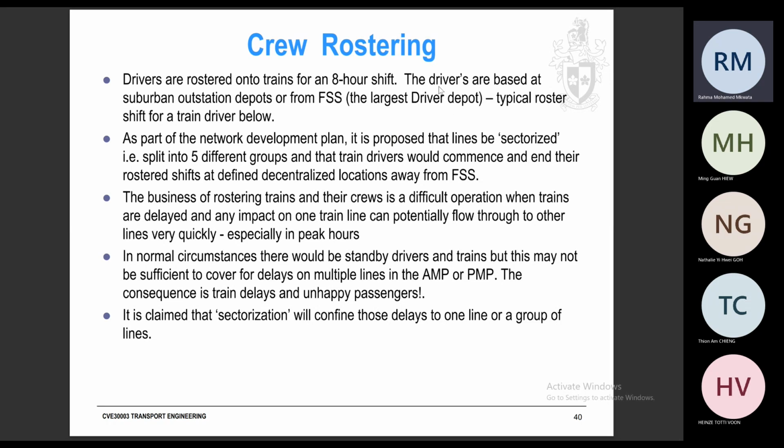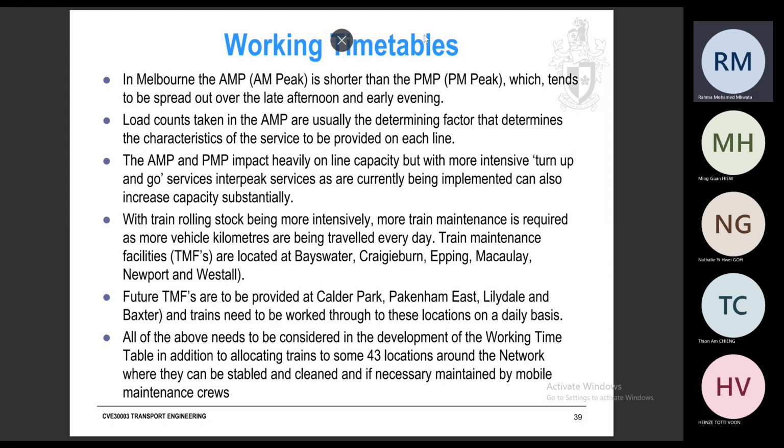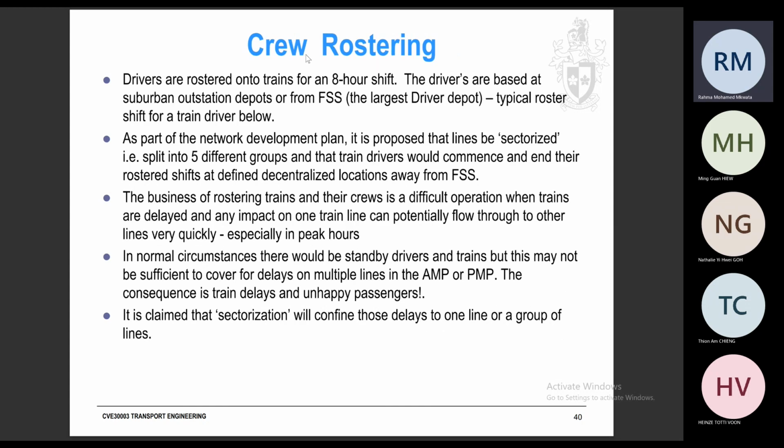You need to know the time interval or the spacing between trains that you need between peak hours and off peak hours in terms of timetable and crew rostering. The working timetable is for the entire operation, not for an individual crew member. For an individual crew member, they will have their own duty roster.